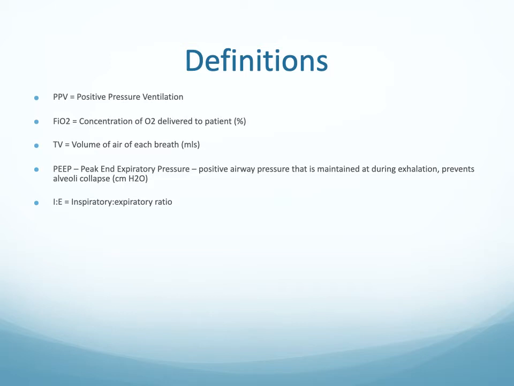IE is your inspiratory to expiratory ratio. Expiration always takes longer than inspiration, and so in our patients we try and mimic normal respiration, where the IE ratio is often 1 to 2, or that's your target.